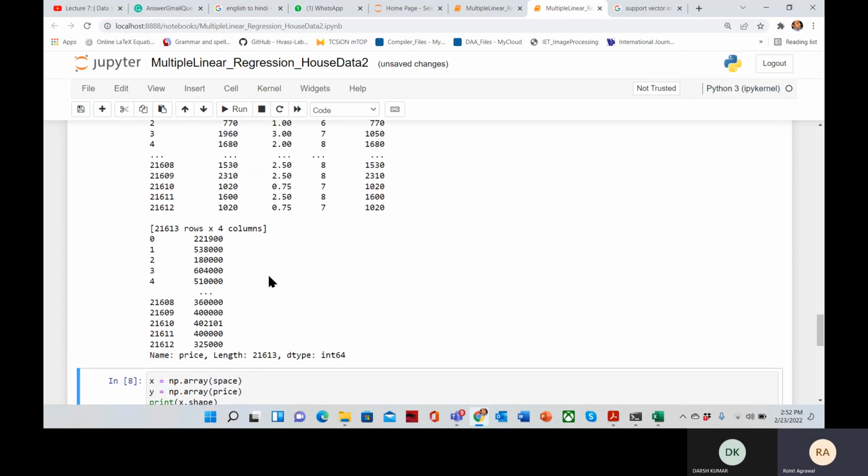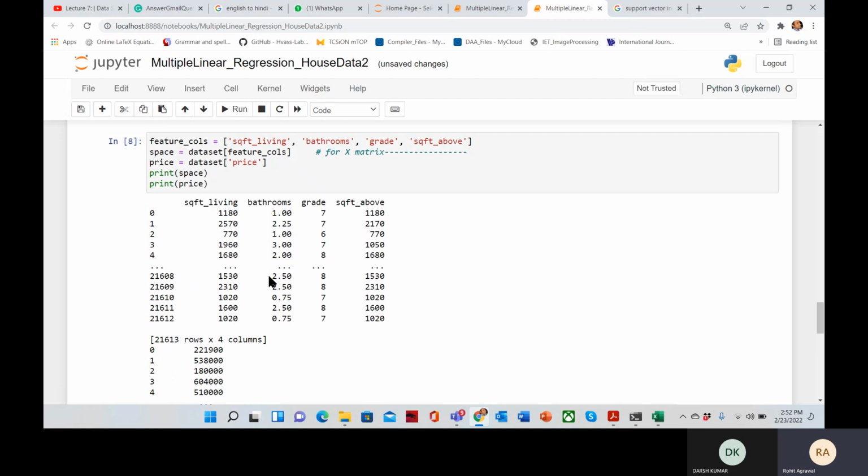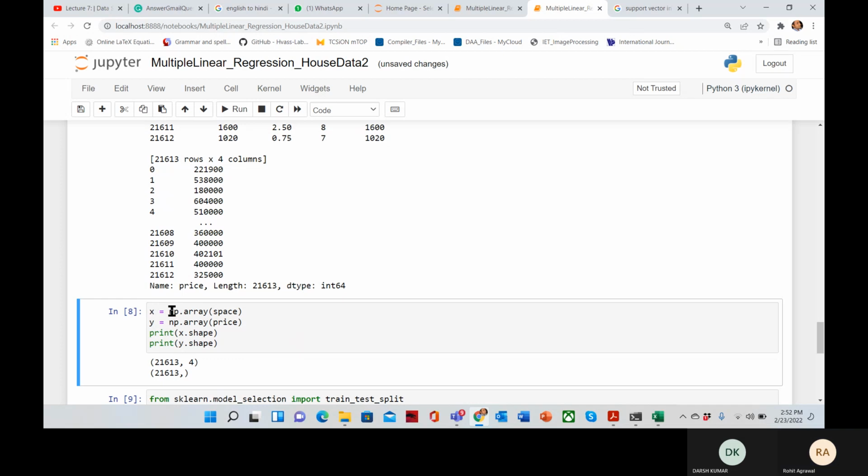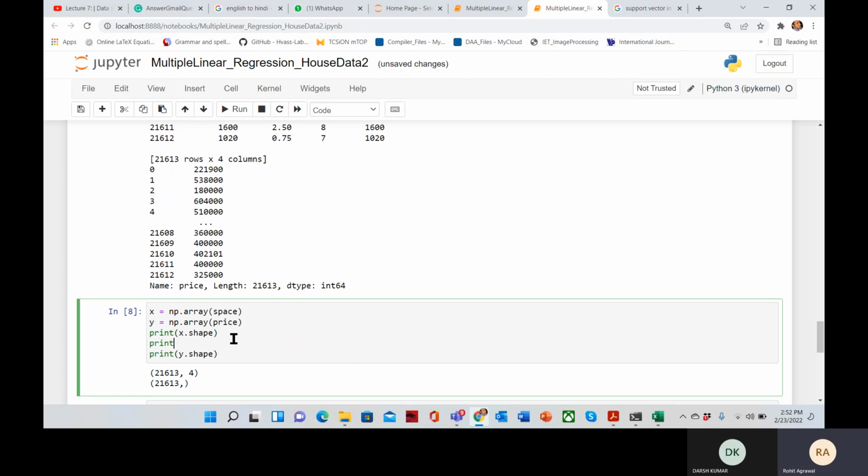But for our machine learning, we need our data in which form? We need our data in the form of a matrix. So what we can do is use np.array. Now you can see this will be our x values and this will be our y values.